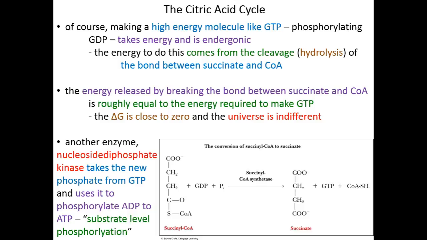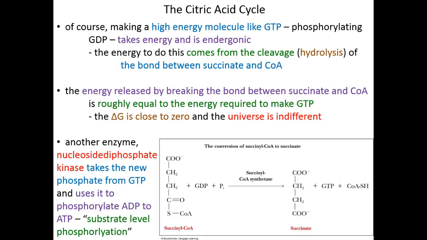So here's a side reaction in this step. This enzyme takes that newly made GTP that was just created by Succinyl-CoA synthetase and uses the third phosphate of that GTP. That's the third phosphate this GTP just gained, and takes that phosphate and transfers it to ADP, creating a molecule of ATP. This is also substrate level phosphorylation.